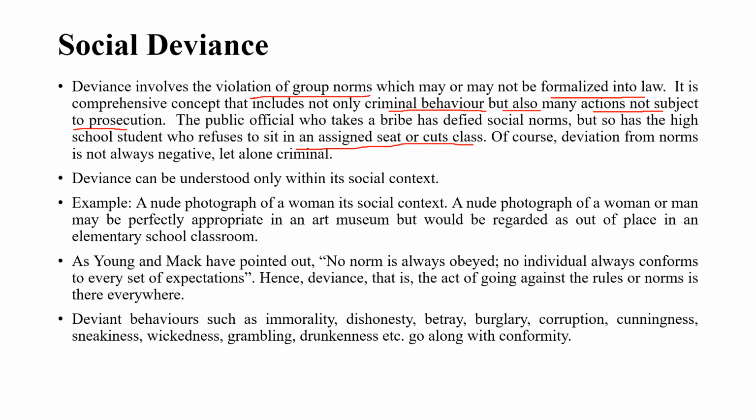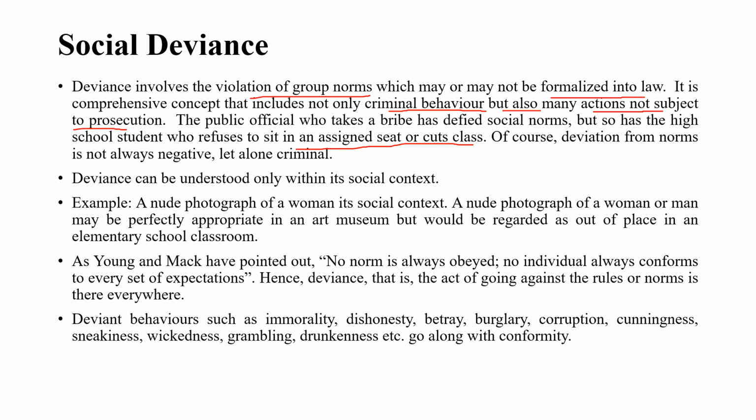But the behavior of the school student who refuses to sit in an assigned seat also comes under the domain of deviance. So both of these are deviance, whereas one is legally considered wrong behavior, the other does not fall into the category of legal, but they both fall into the category of deviance.